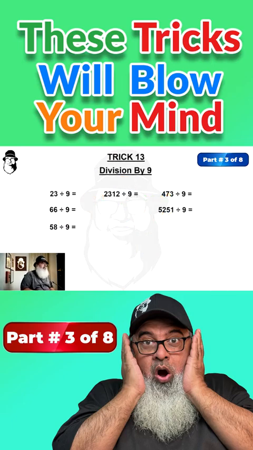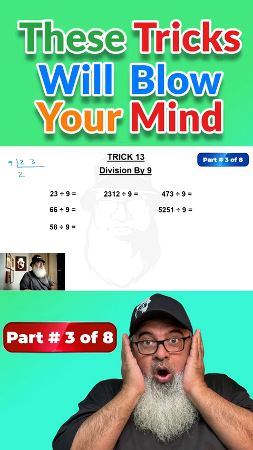When we divide by 9, it's very easy to do. 23 divided by 9 is, just bring this number down digit by digit from the left. So bring this 2 here, and here we are writing the answer actually. Then whatever the last digit of the answer is, add it to the next digit in the dividend.